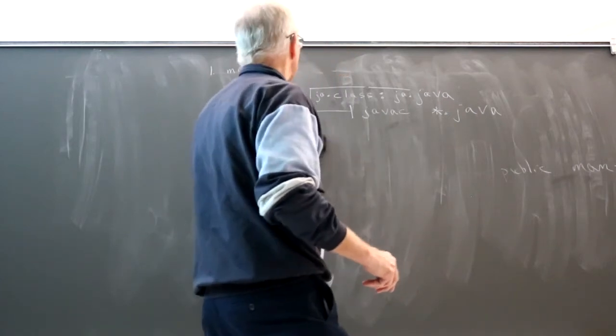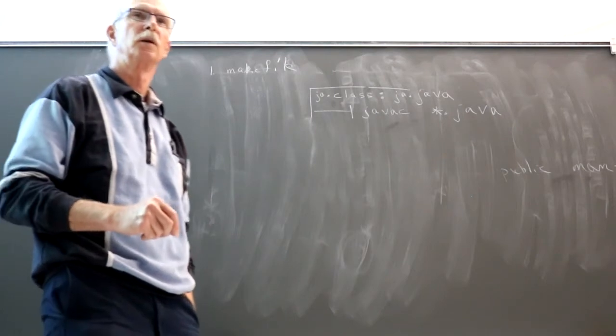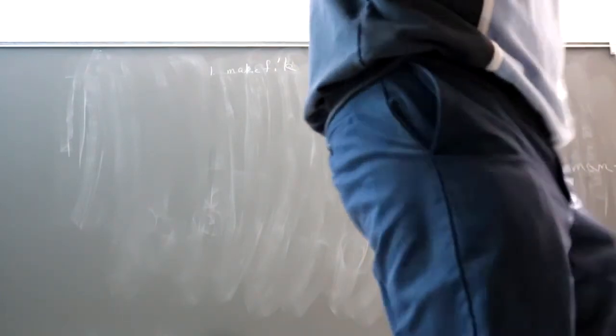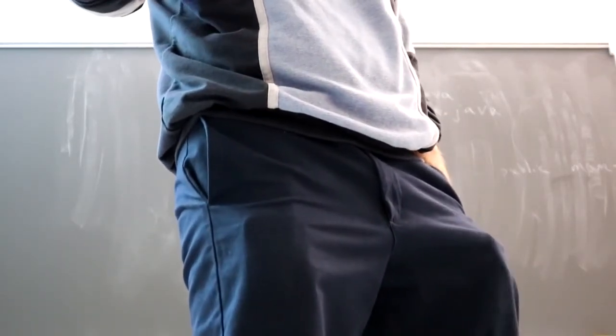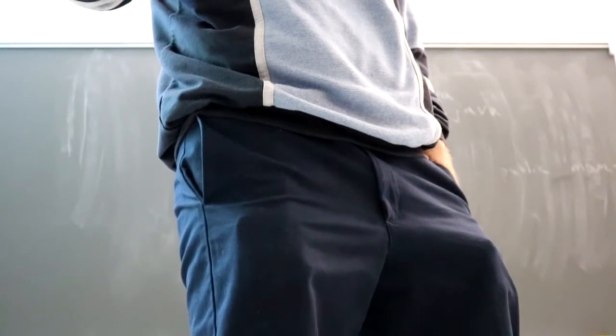Do you need to change the permissions on that? No. Essentially, the makefile is just the command that you would enter at the command line if you were going to compile your Java program on Oscar in Linux.